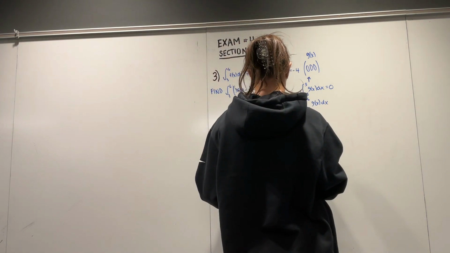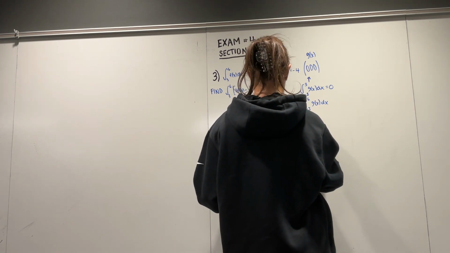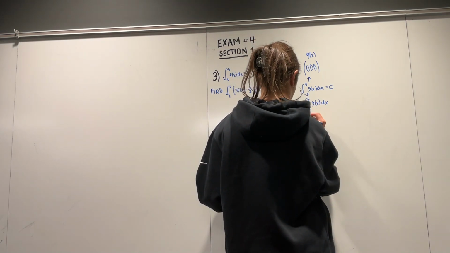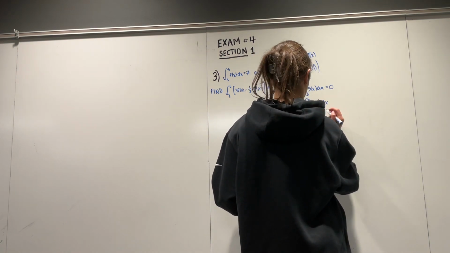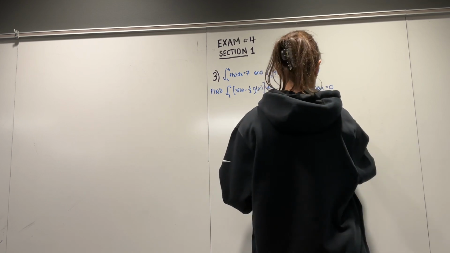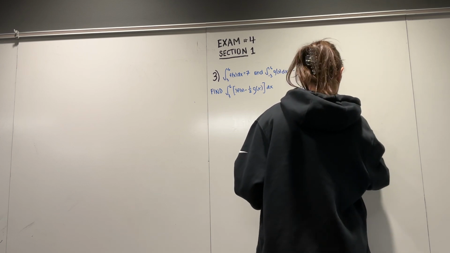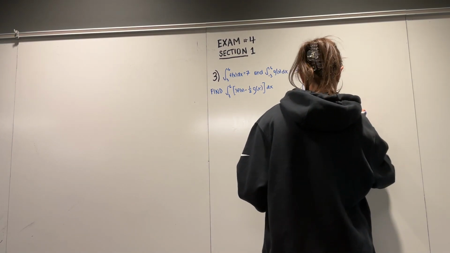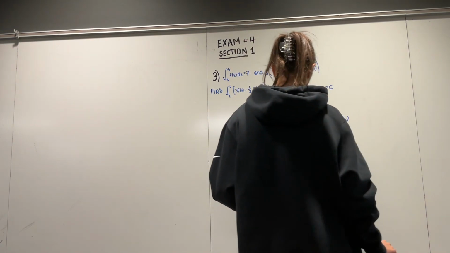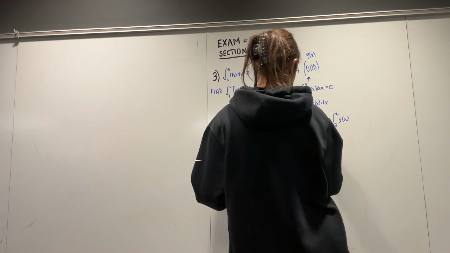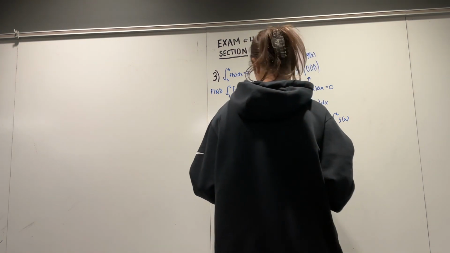What we know is that it equals negative 4, so we're going to do negative 4 is equal to the integral from negative 3 to 3 of g of x, plus the integral from 3 to 6 of g of x, all equal to negative 4. And we know that the first one is 0, so negative 4 is 0 plus the second.